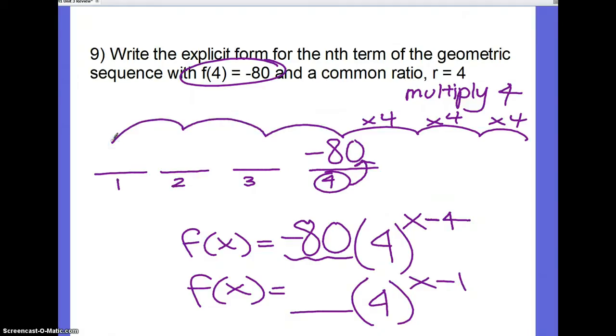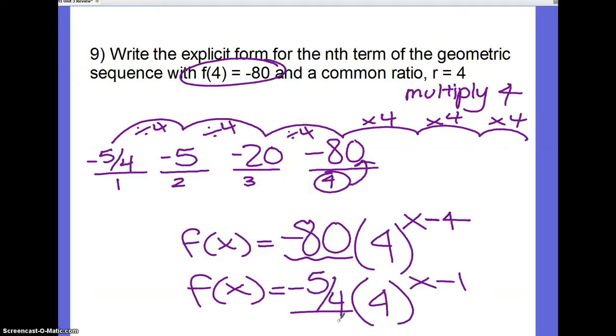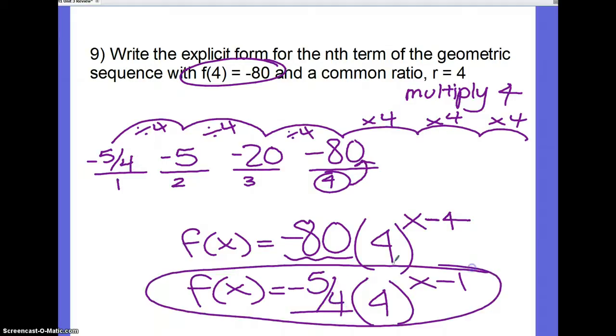So we're going to divide 4 out of negative 80, and we're going to get negative 20. Divide it again, and we get negative 5. Negative 5 doesn't divide by 4, so it's just going to be negative 5/4. It'll be a fraction, so we would just leave it as negative 5/4. Done.